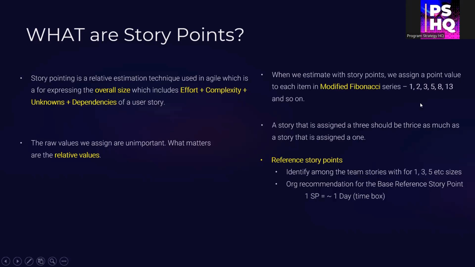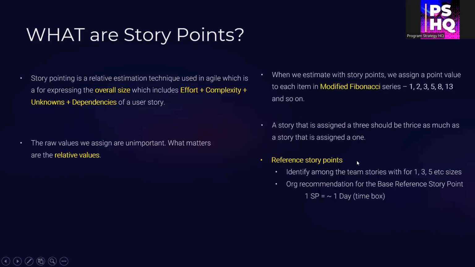A story which is assigned 3 should be 3 times bigger than a story which is assigned 1. And the story of 3 would also be bigger than a story estimated as 2 and smaller than a story estimated as 5. So this relativity is important when we are estimating with story points.